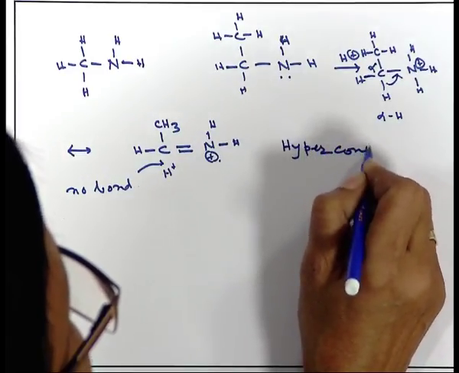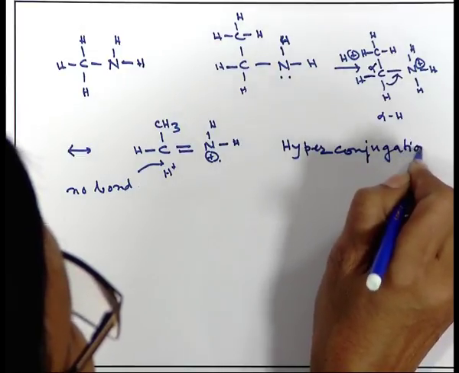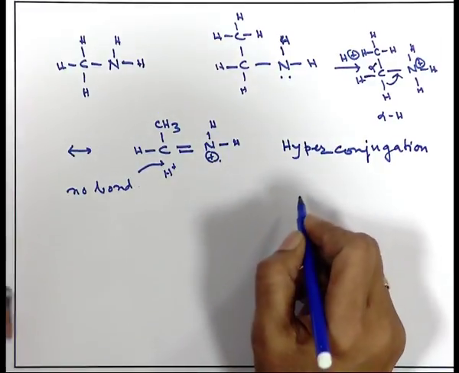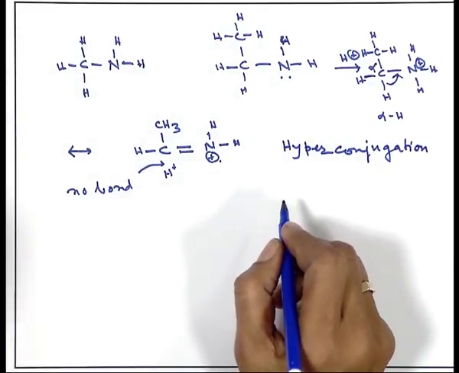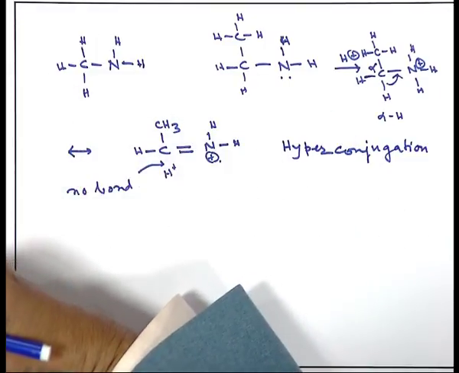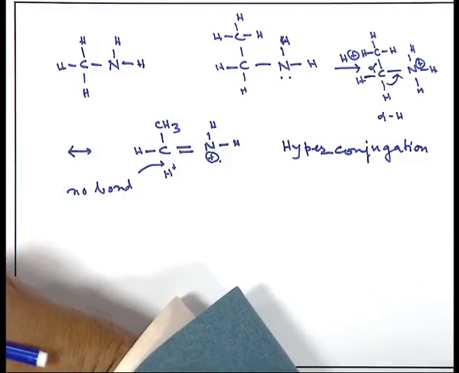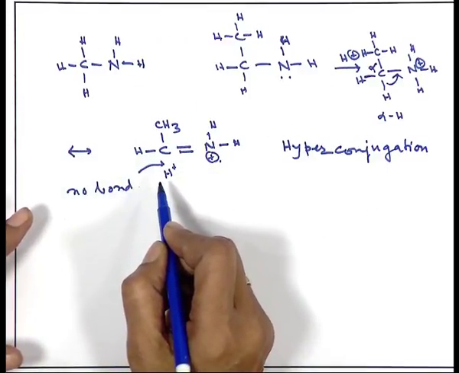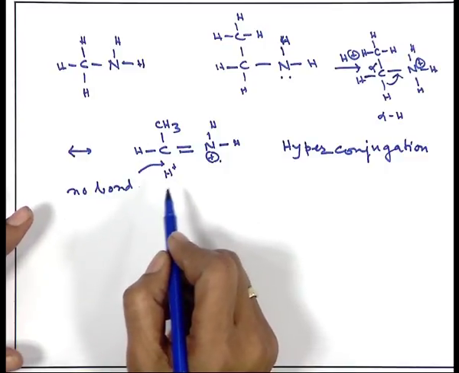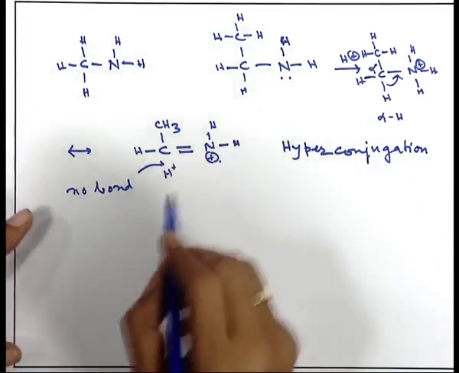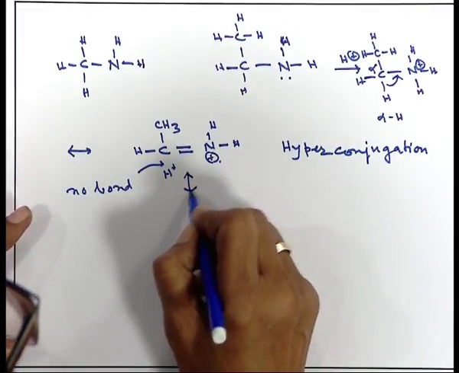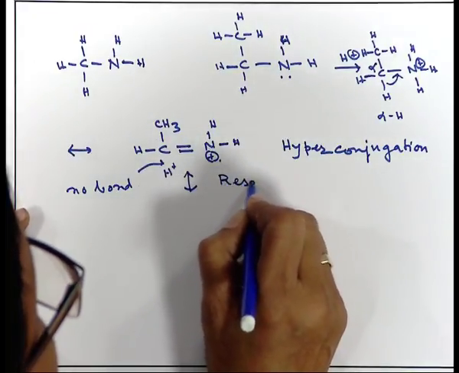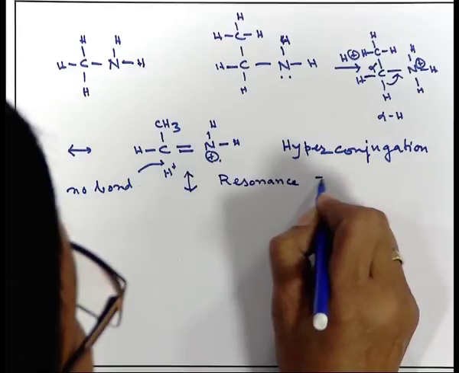Hyperconjugation also helps to stabilize a species or an ion, and it is a very interesting phenomenon, because we can write more no-bond resonating structures. I have used the term no bond: the hydrogen is there, H plus is held over there, but there is no bond between carbon and hydrogen, and partially the bond has shifted. This type of thing we write with a double-headed arrow, which symbolizes resonance or electron delocalization.